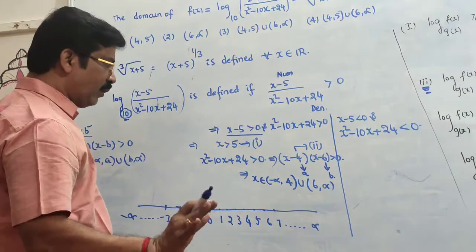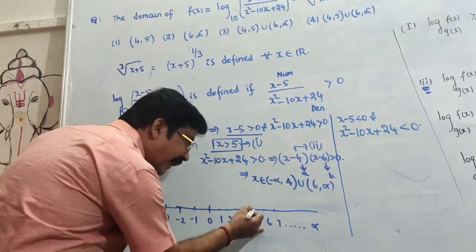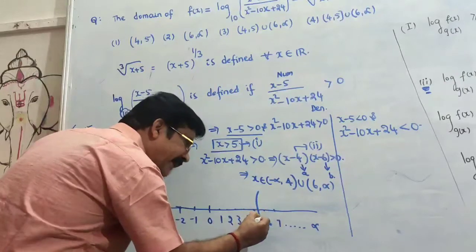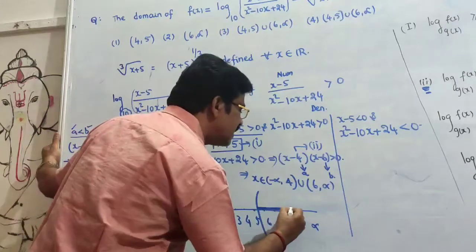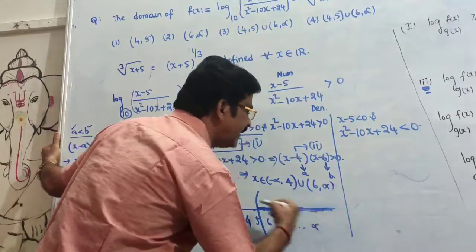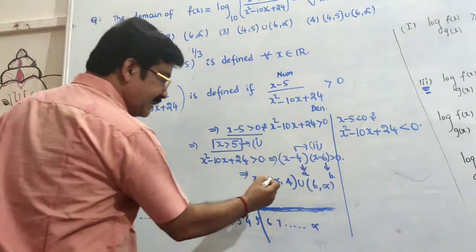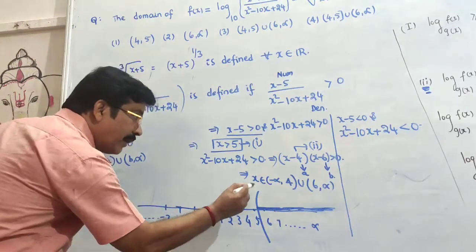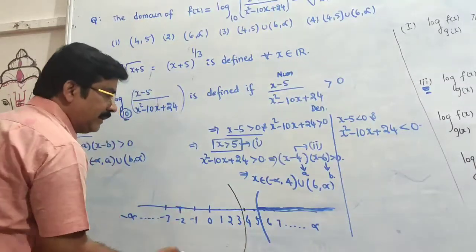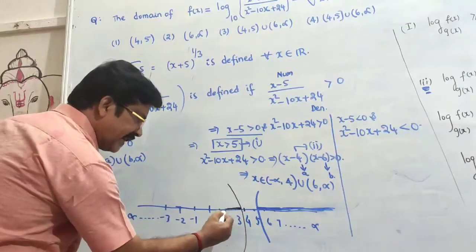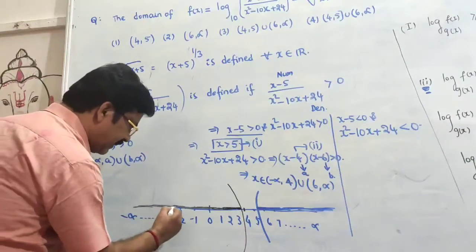First, x greater than 5: this is 5, and greater than means open interval, that's why I took an open interval. Greater than 5 means this shaded area. Next, the second one, minus infinity to 4 means up to 4. This is 4. Minus infinity to 4 means this shaded, blackened part.